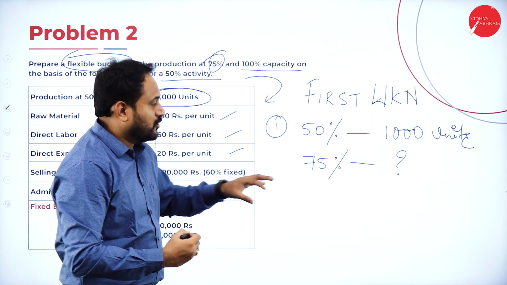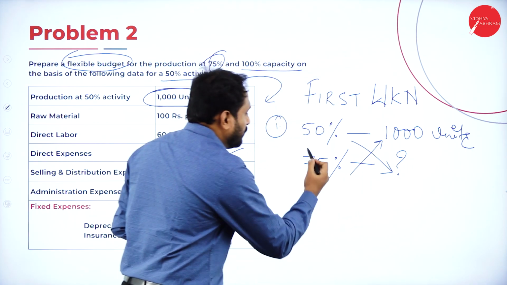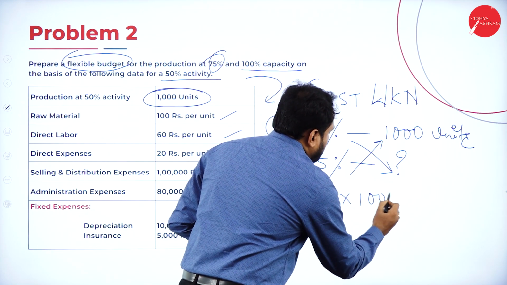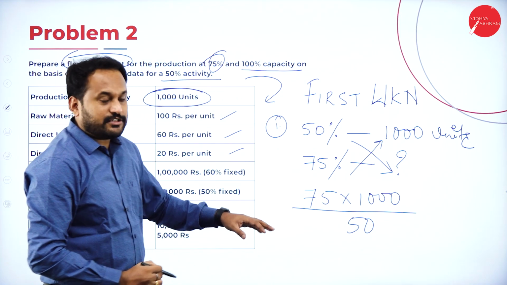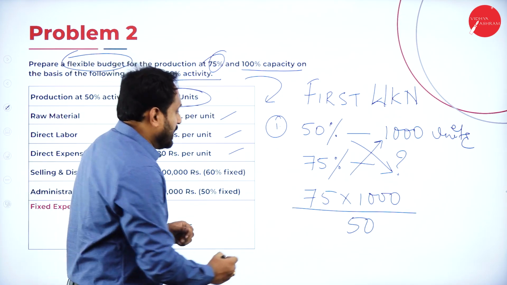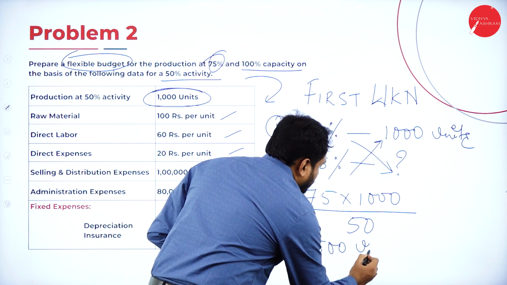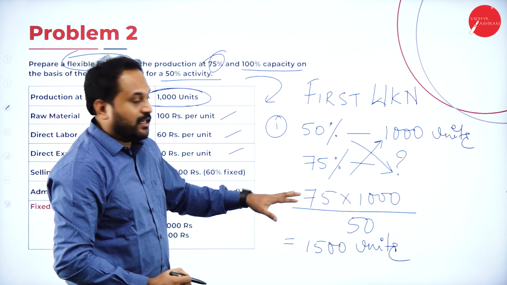You are supposed to go with a cross multiplication, that is 75% here and this here. So what exactly happens is 75 into 1,000 divided by 50. So this is what you are supposed to go. Now is equal to 1,500 units.